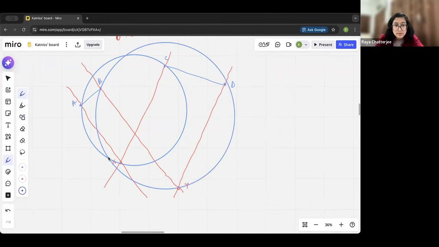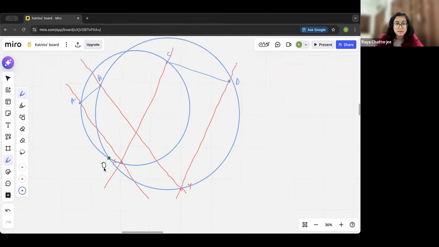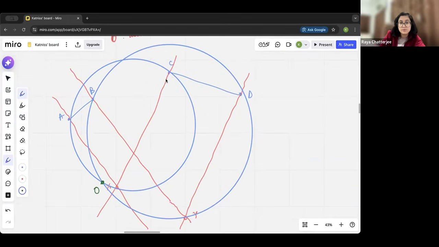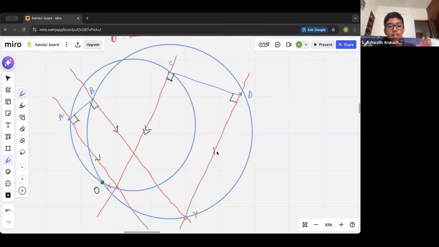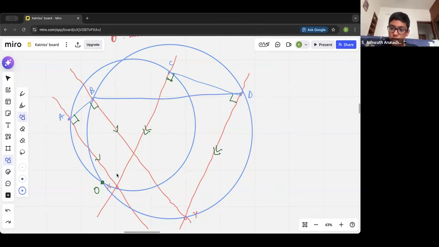Okay. You are saying that this is the center of the spiral similarity. And why? What is the proof? I didn't formally prove it, but if you take the line BD and think of it as similar triangles, you're shifting an angle BO such that angle ABO equals angle CDO, then angle BOD always remains a constant.